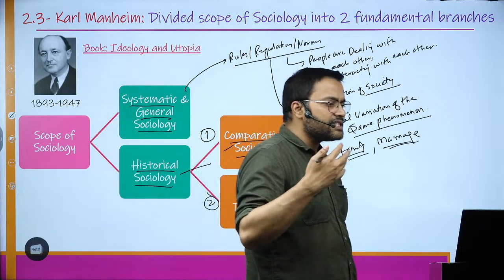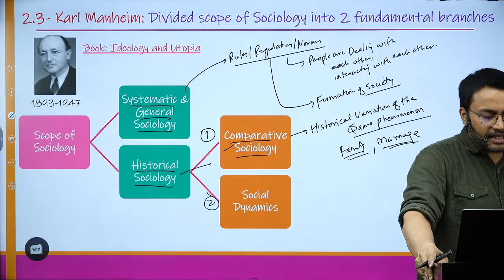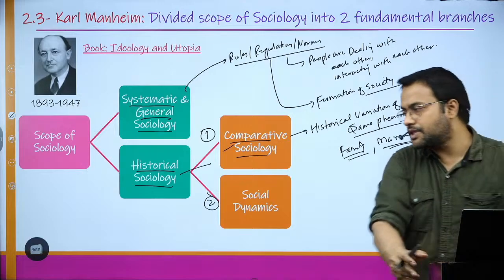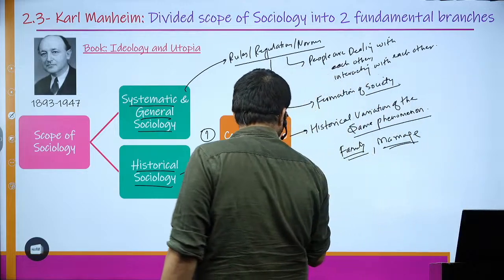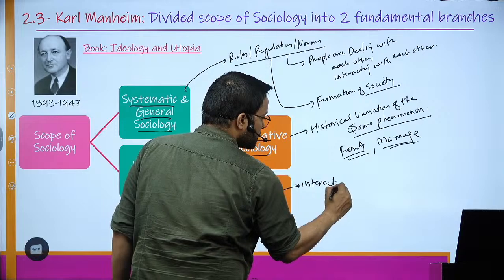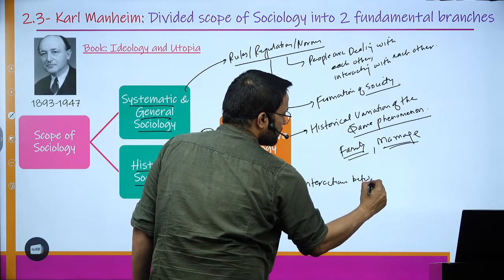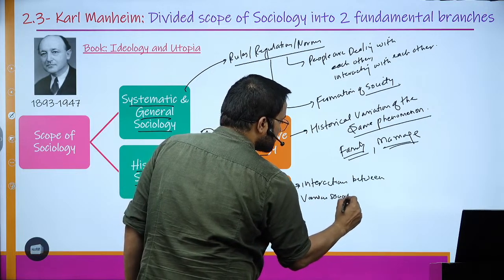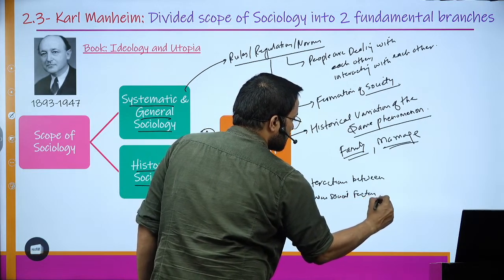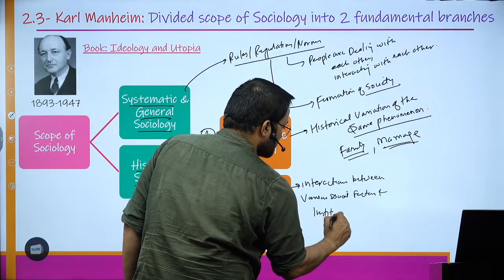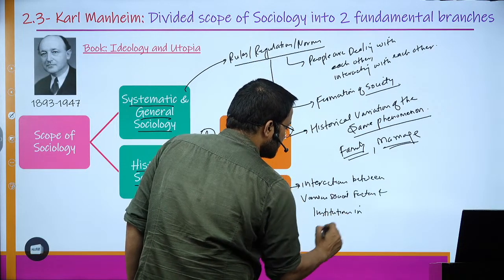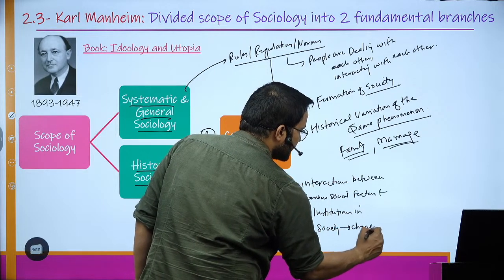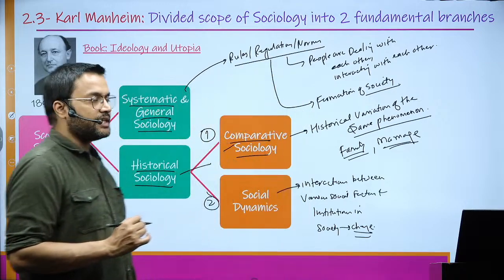It is how changes are occurring in society, the interrelationship and interactions between various social factors and institutions in society. Basically, you're talking about the change that is occurring in society.